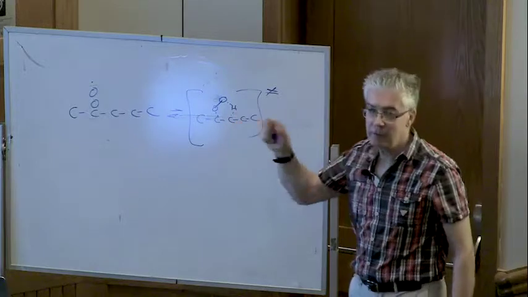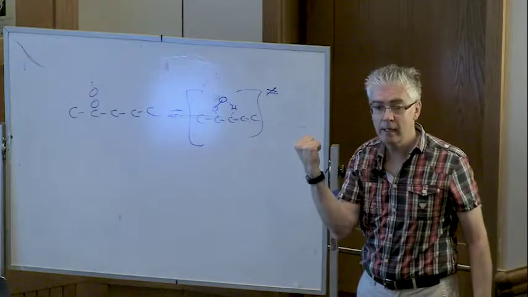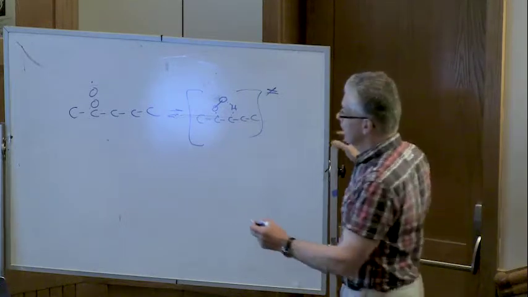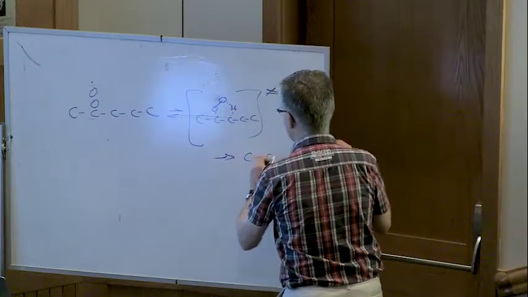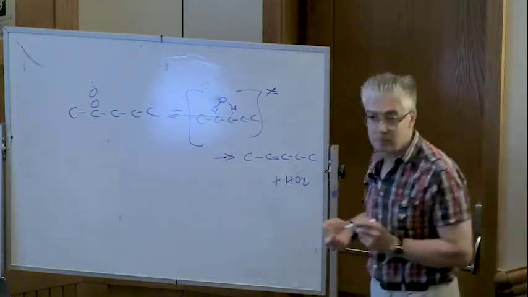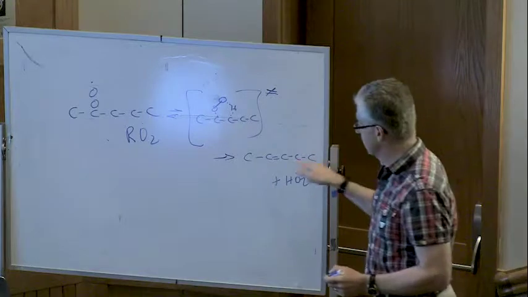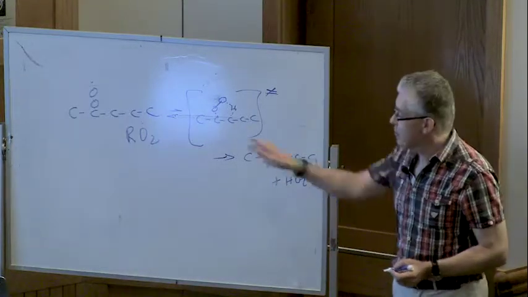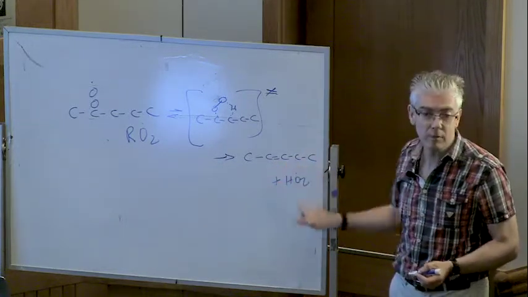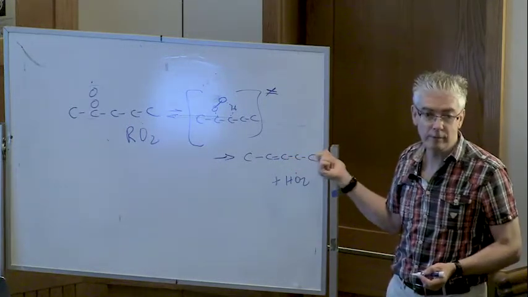We don't arrive, as I just depicted, at the hydroperoxy alkyl radical and then beta scission. There's enough excess energy that the beta scission can happen immediately, and so this gives directly that species plus HO2. So this is the RO2 concerted elimination to give olefin plus HO2. Typically for these 5-membered rings, there's enough excess energy that it goes directly to olefin plus HO2. It doesn't give the QOOH.